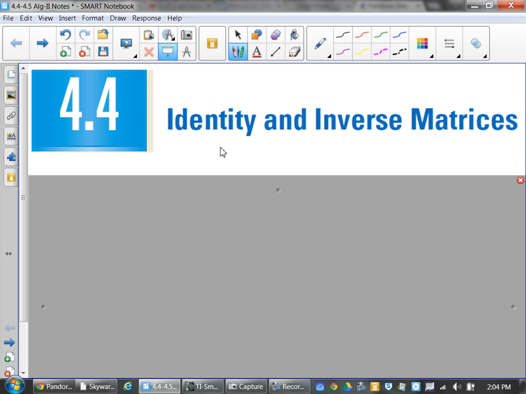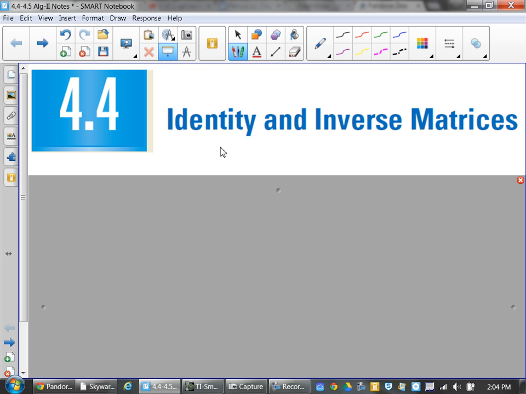Well, what we're going to do is matrix A times some other matrix equals matrix B. What's that other matrix? By using an inverse, we're going to be able to find that. It's not going to be horrible, scary math, it's just kind of a weird process. You do the process once or twice, it's not a big deal.